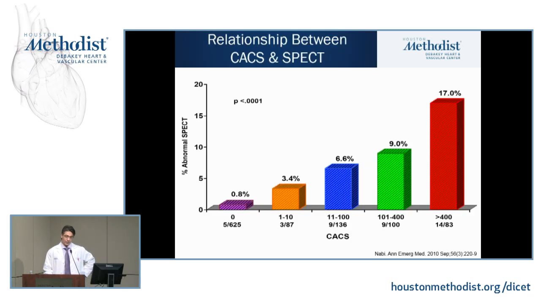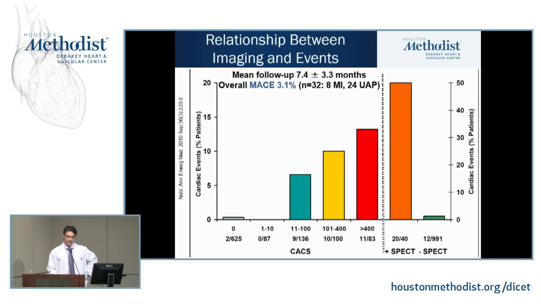And if you look at the relationship between calcium score and SPECT in this cohort, you will see that as the calcium score increases, your progressive risk of having an abnormal nuclear increases. Similarly, if you look at the relationship for events, which was death, myocardial infarction, and stenosis greater than 70%, you observe similar relationships.